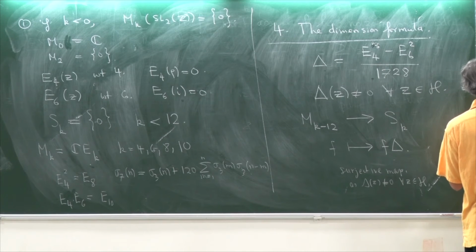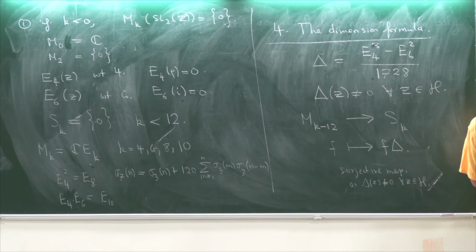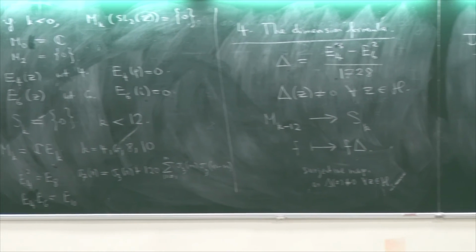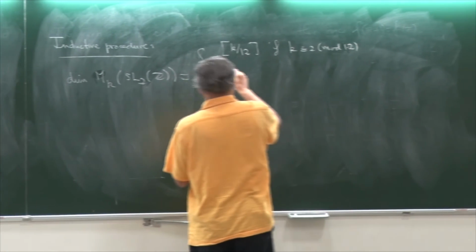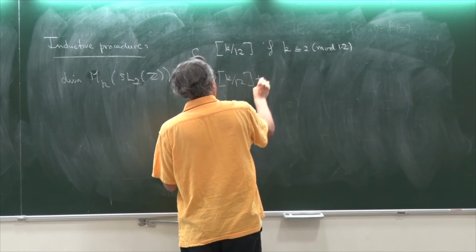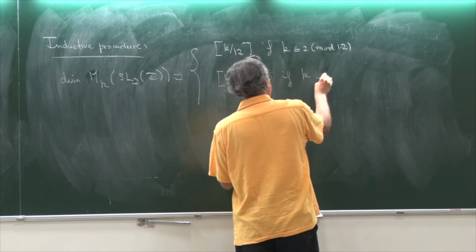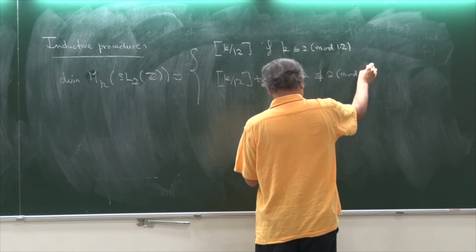The dimension of the space of modular forms of weight k is equal to k over 12 if k is congruent to 2 mod 12, and k over 12 plus 1 if k is not congruent to 2 mod 12.